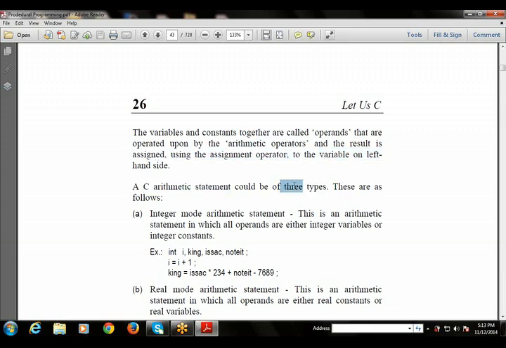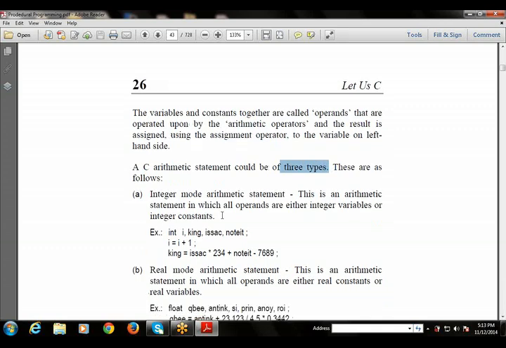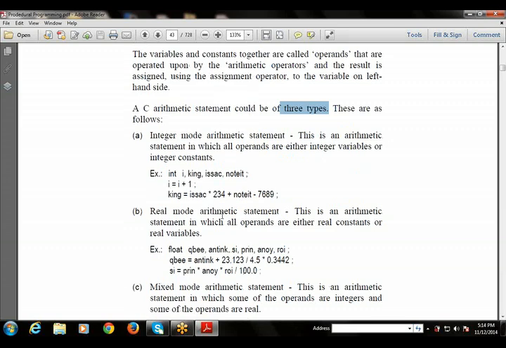A C arithmetic statement can be of three types: integer mode, real mode, and mixed mode. Integer mode is an arithmetic statement in which all the operands are either integer variables or integer constants.